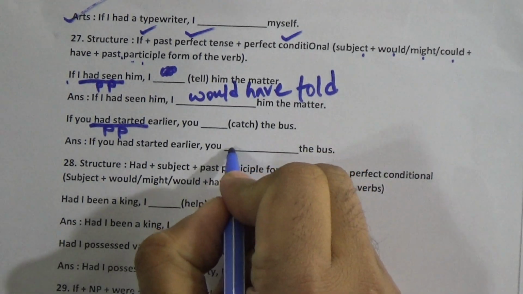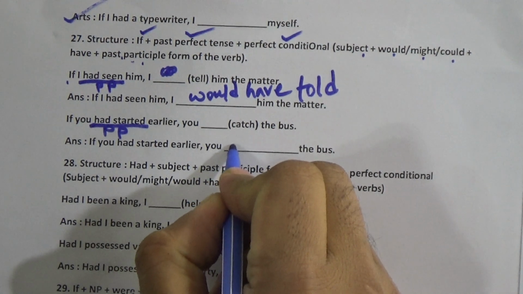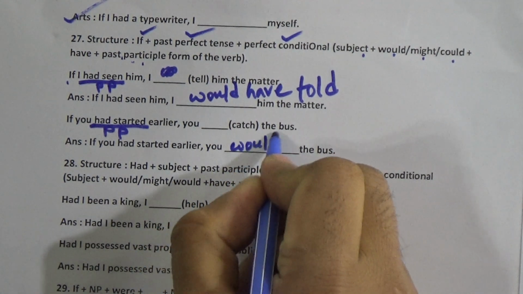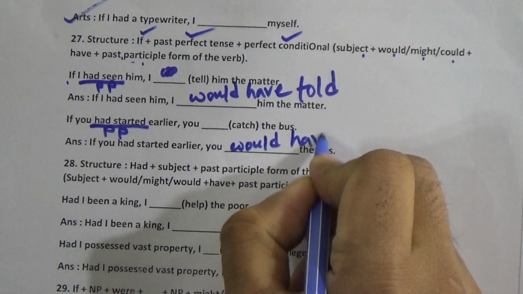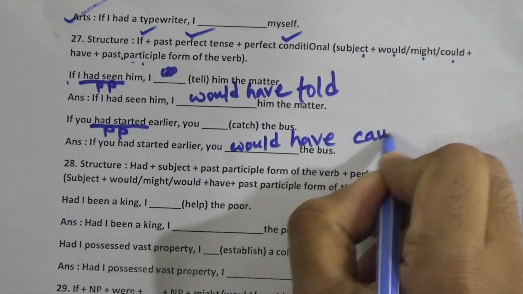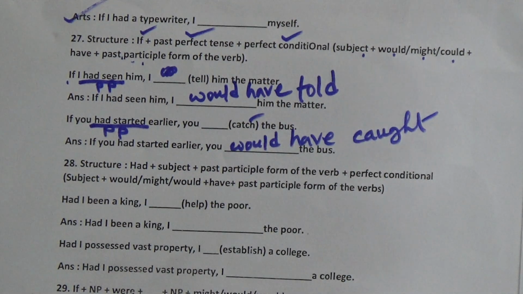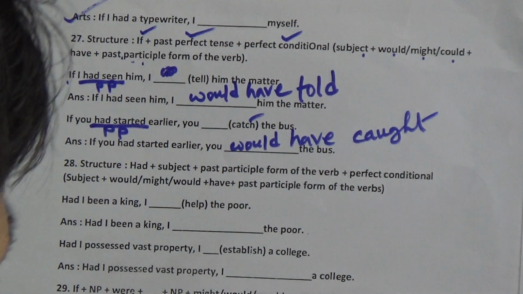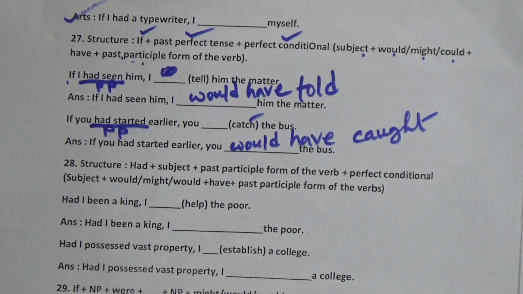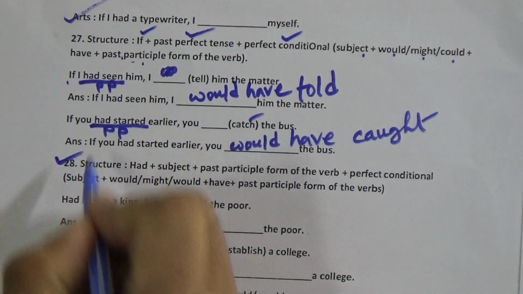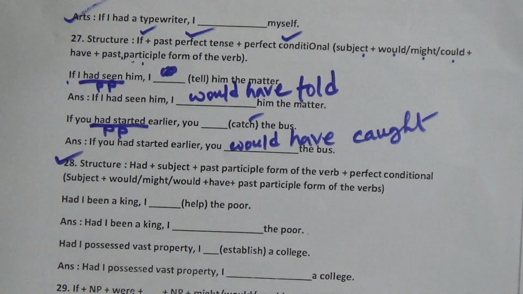You know perfect conditional is you would have caught. Catch is verb 1, caught is verb 2, caught is verb 3. Would have caught, not would have catch. Now rule 28.